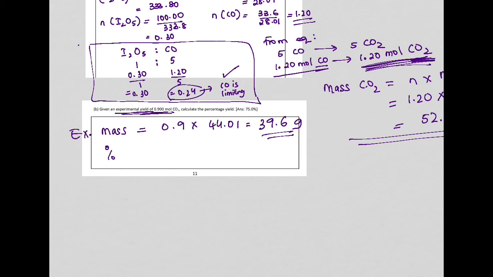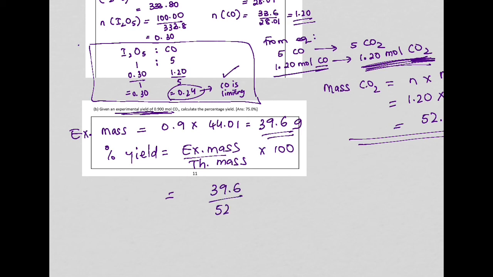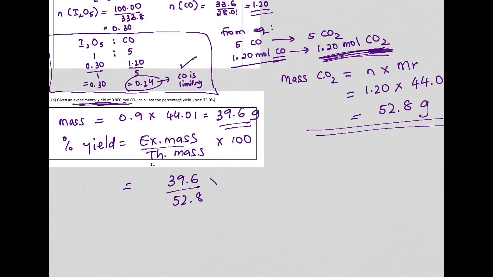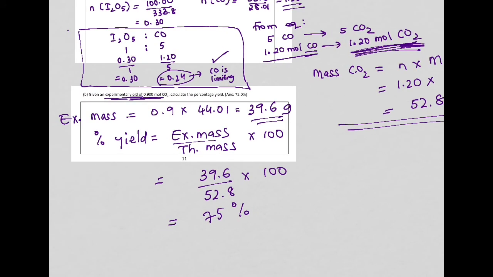Therefore, the percentage yield is going to be the experimental mass divided by the theoretical mass times 100. That's going to be 39.6 divided by 52.8 times 100. And you get a percentage of 75%.